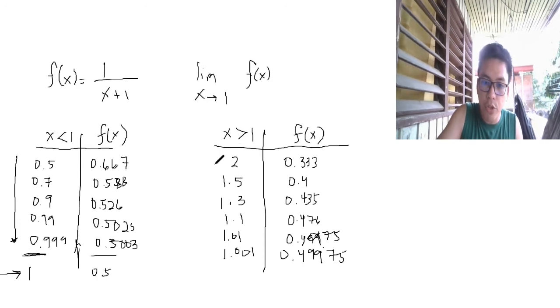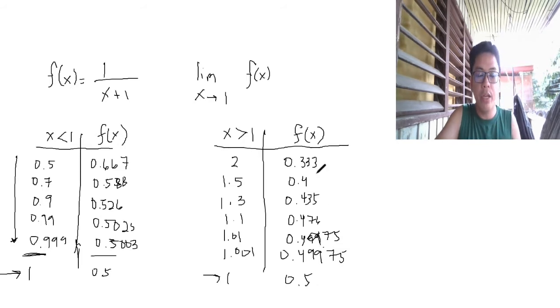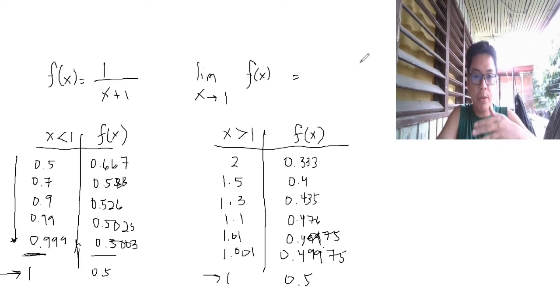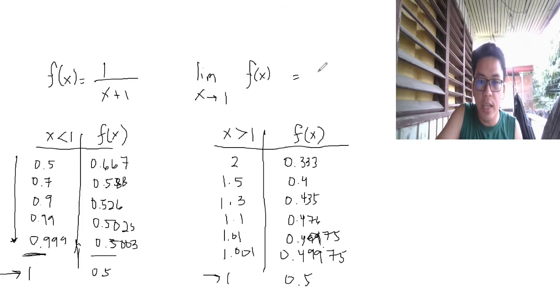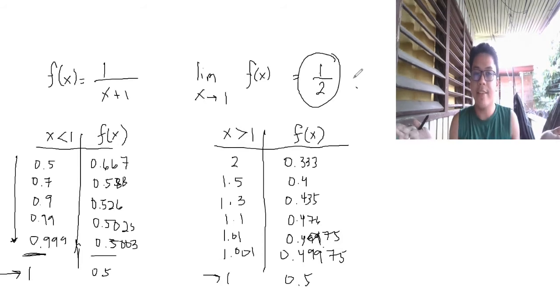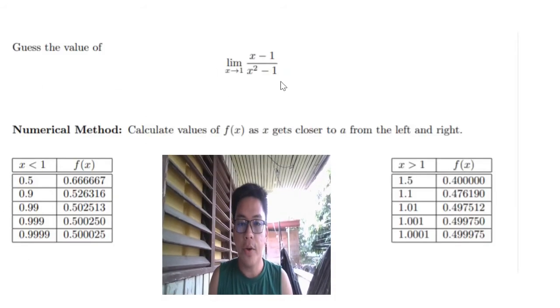Similarly, as you approach 1 from the right of 1, the value of f of x approaches 0.5. Therefore, the limit of f of x as x approaches 1 from the right and from the left of 1 is 0.5. So basically, the value is 1 half. That's it.